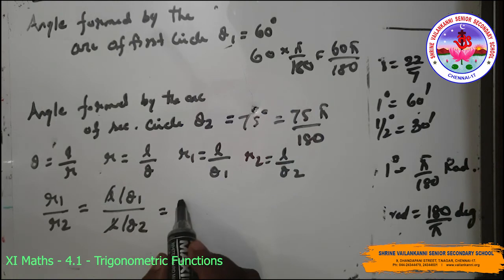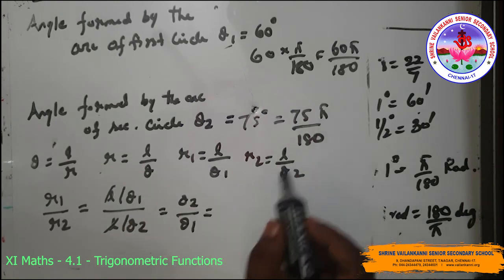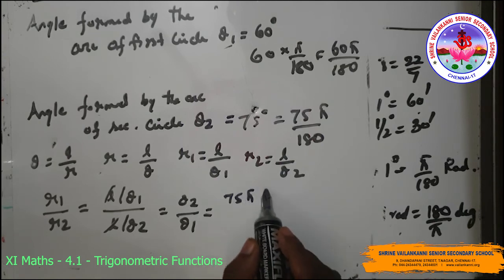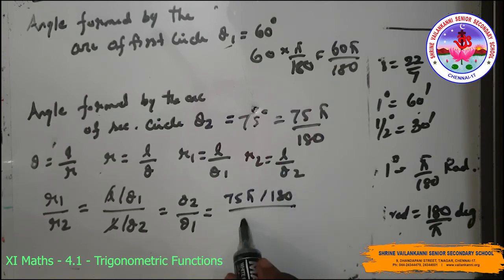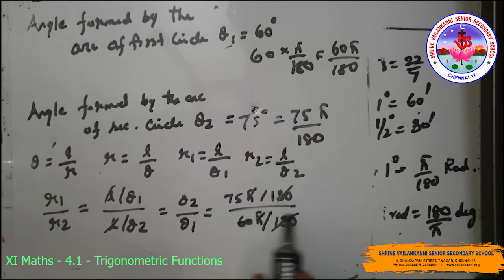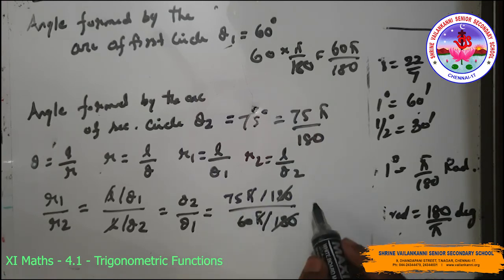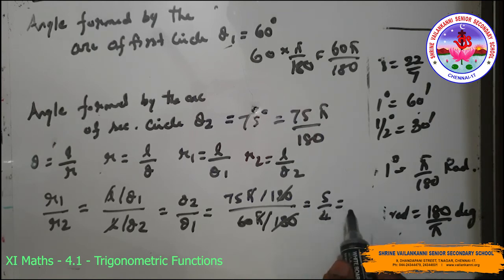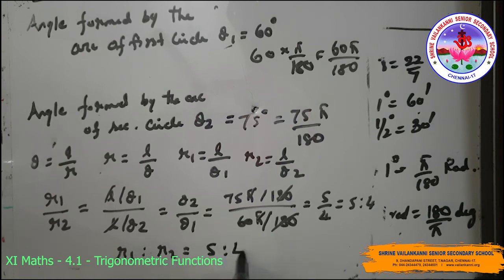Cancelling this, we get theta 2 by theta 1. So theta 2 is 75 pi by 180 and theta 1 is 60 pi by 180. So cancelling this, we get 75 by 60, which is 5 by 4, which is 5:4. That is R1 is to R2, which is equal to 5:4.